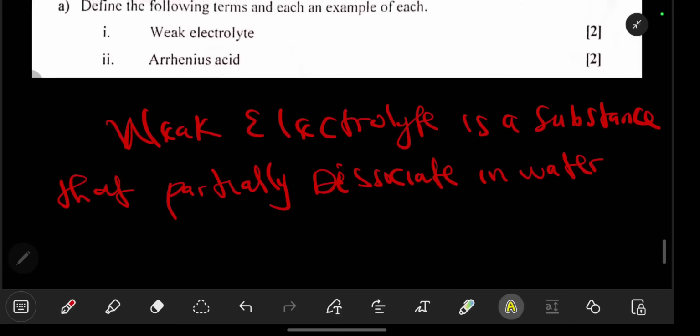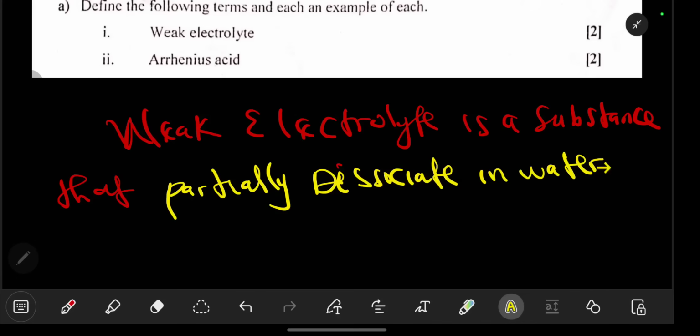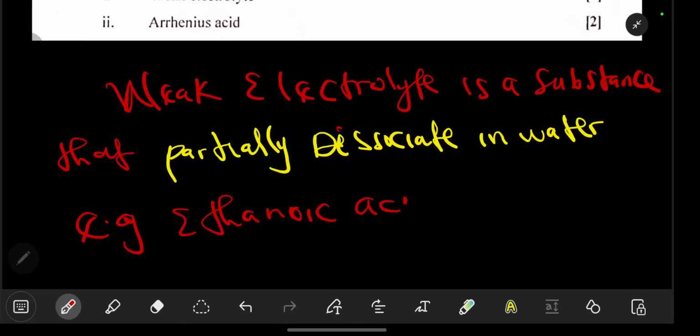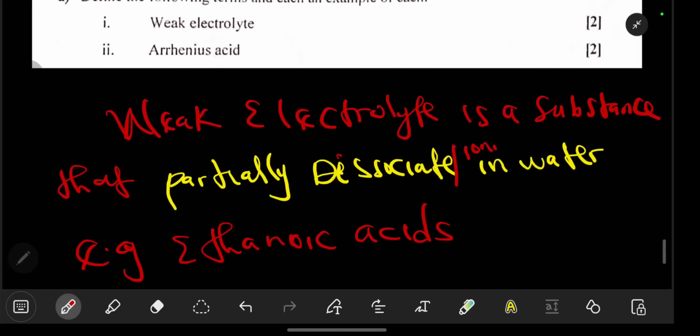A weak electrolyte is a substance that partially dissociates in water. The example we might have is ethanoic acid. Ethanoic acid is a weak acid because it does not fully dissociate, or rather ionize. If you don't want to use dissociate, you can use ionize in water.